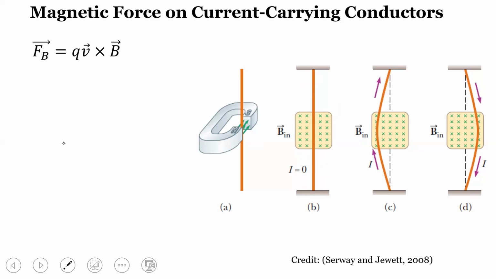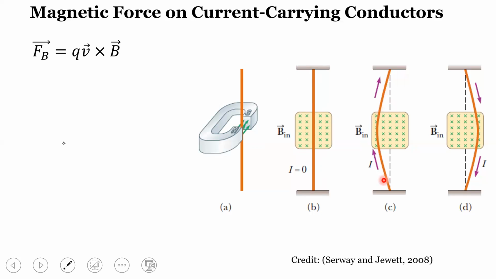Now when we have a current carrying conductor in the presence of a magnetic field and the current flow is 0, then the conductor will not experience a magnetic force as a result of current flow.